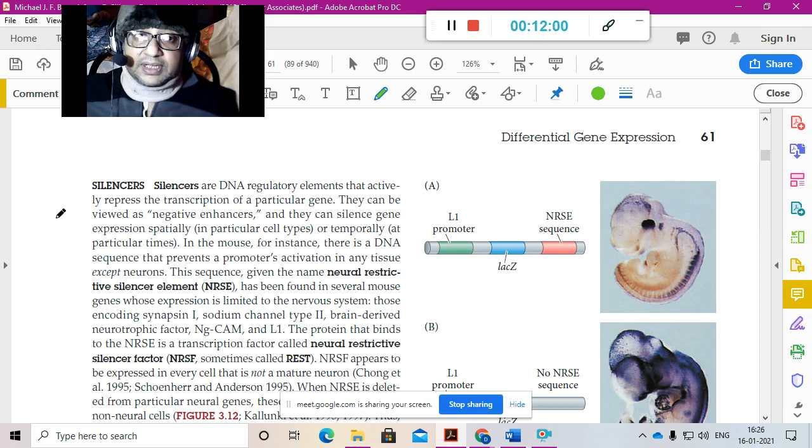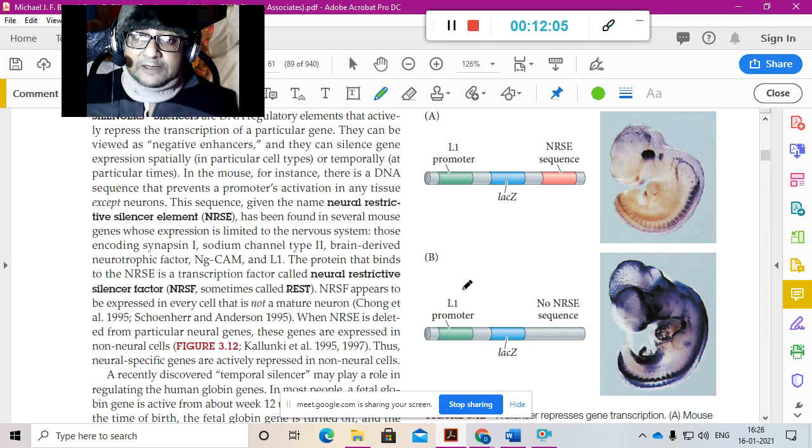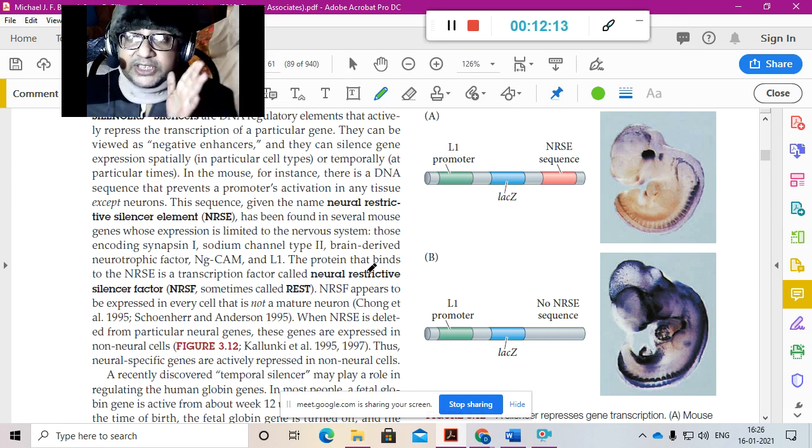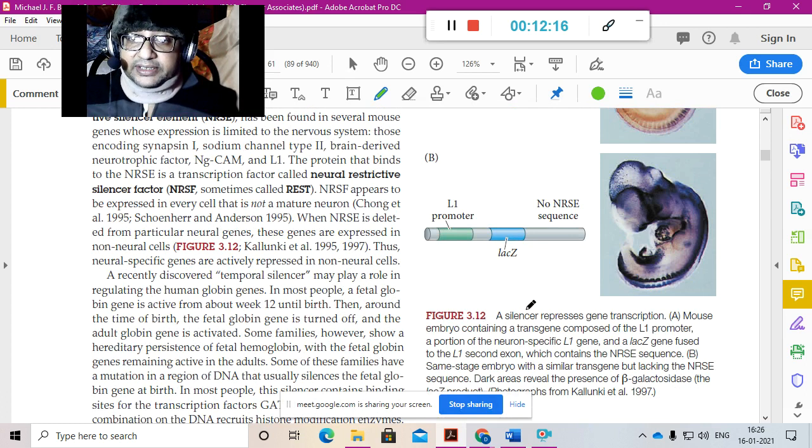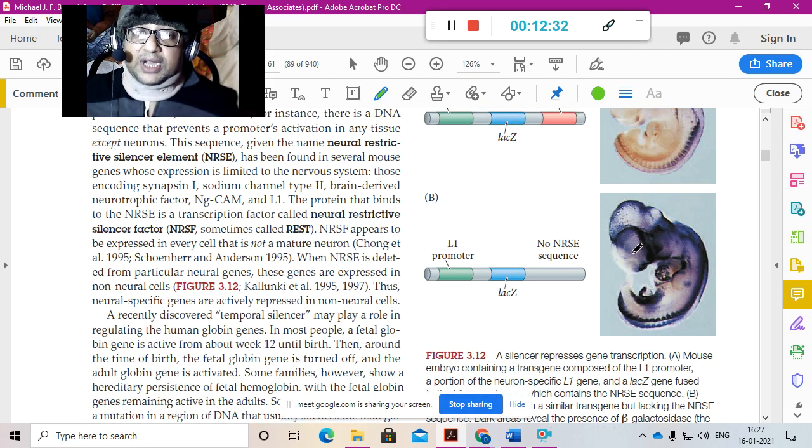Then, like enhancers, you have silencers. If a silencer comes instead of an enhancer, then whatever expression of the gene is there, it stops. You can read this: a mouse embryo containing a transgene of the L1 promoter and a portion of the neuron specific L1 gene fused with LacZ. With no NRSE sequence, the blue color shows that the galactosidase or LacZ is expressed throughout the mouse.